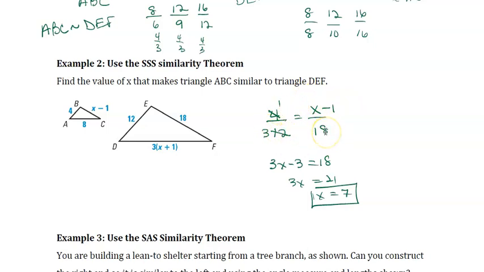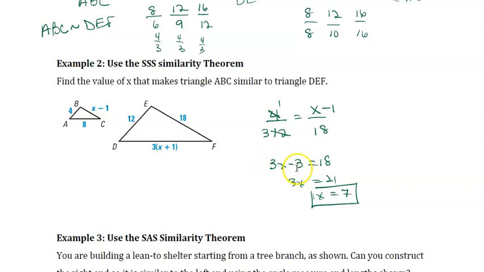Those two ratios set equal to each other, so this proportion is sufficient to figure this out. What I'd recommend you do is simplify the 4/12 to 1/3 by dividing the numerator and the denominator by 4. Then you're going to do cross products. When you multiply 3 times x minus 1, make sure you multiply the 3 by both the x and the 1.